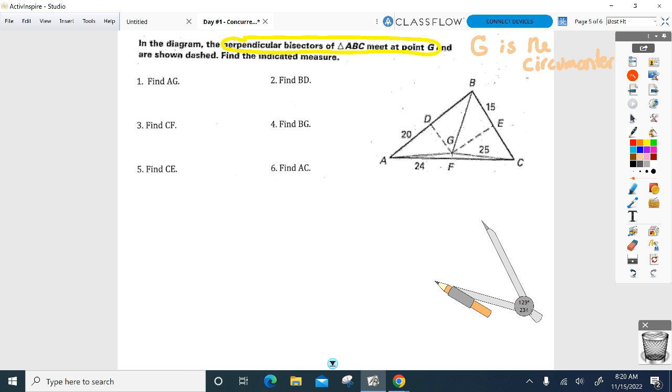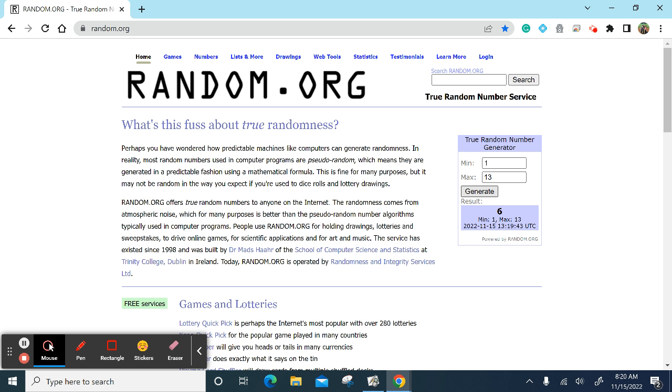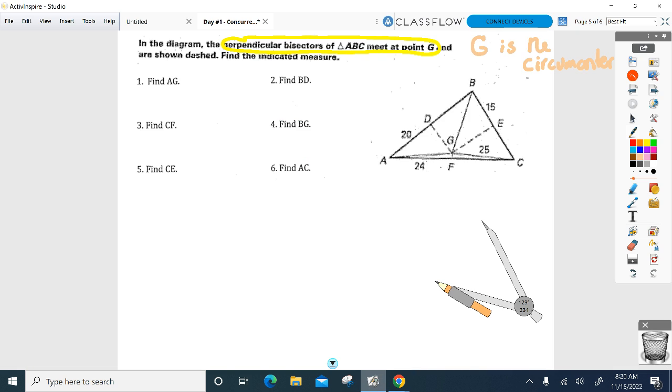Look back in your notes. What do we know about the circumcenter? What is the one fact I'm asking you guys to remember about the circumcenter? It's the equal distance away. From what?